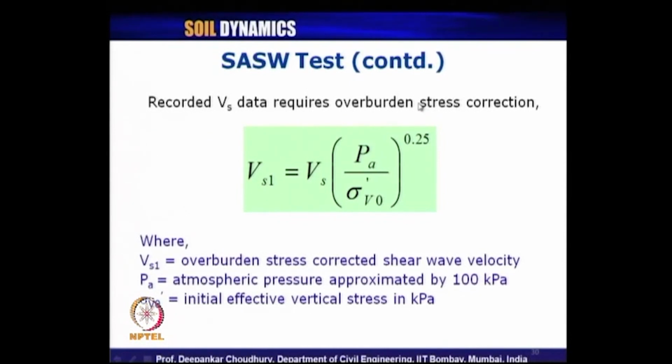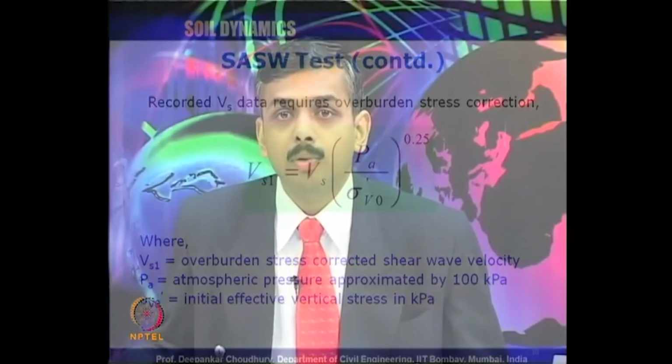Because as you know, if we go deeper and deeper in a soil media, even though it is a homogeneous or same media, if we continuously move down from the ground surface, what will happen? Because of the overburden stress, the stiffness will keep on increasing.